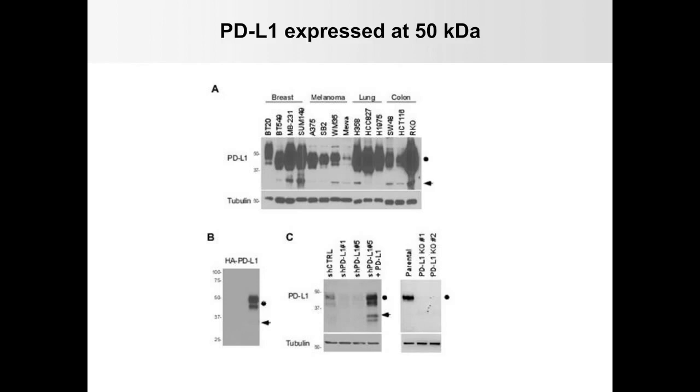We also created another two CRISPR-Cas9 knockouts of PD-L1, and we consistently found that the 50 kilodalton signal disappeared. So this result suggests that this high molecular weight protein is the real PD-L1 signal.